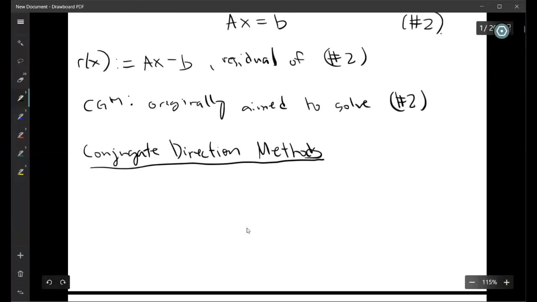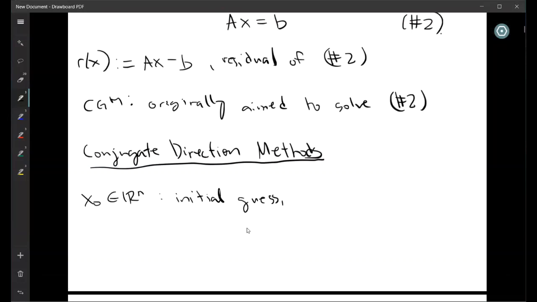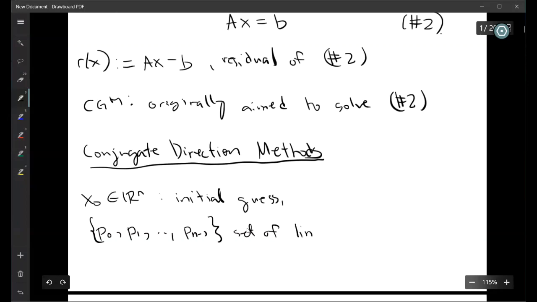So here's how it works. To start with an initial guess x0. And we let the following set of vectors, p0, p1 up to p sub n minus 1, be a set of linearly independent vectors in Rn.